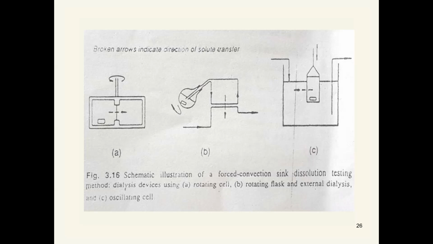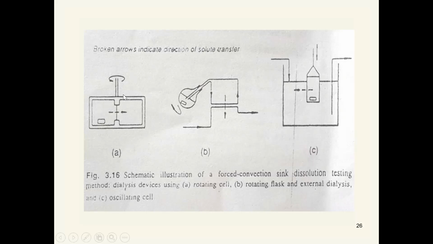This consists of a dialysis cell. Here we are taking a dialysis membrane. The dialysis cell has the dissolution medium on one side of the dialysis membrane, and the dosage form on the other side of the dialysis cell.